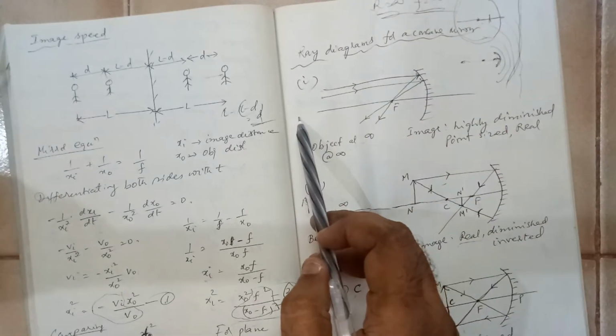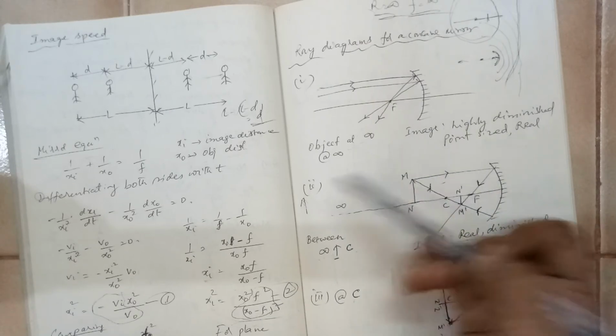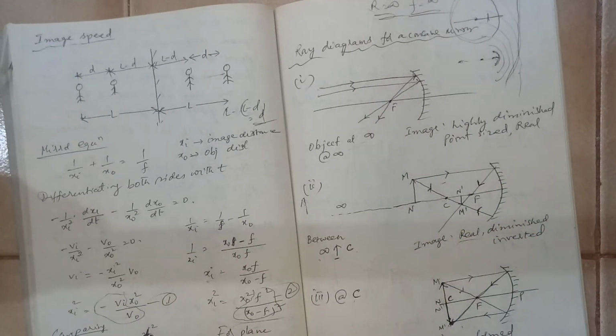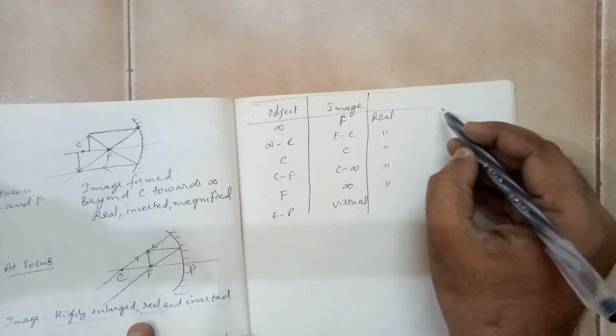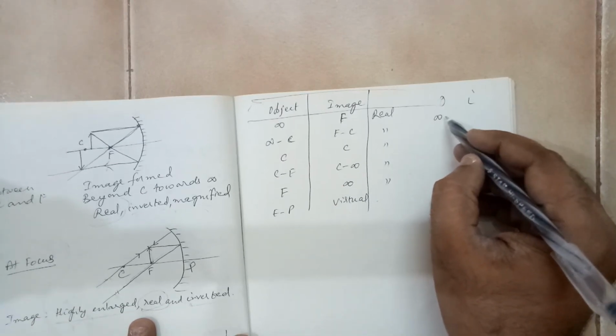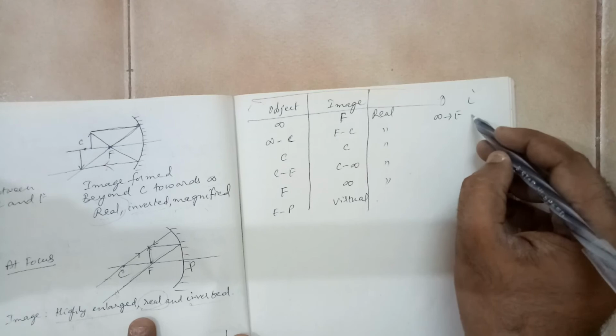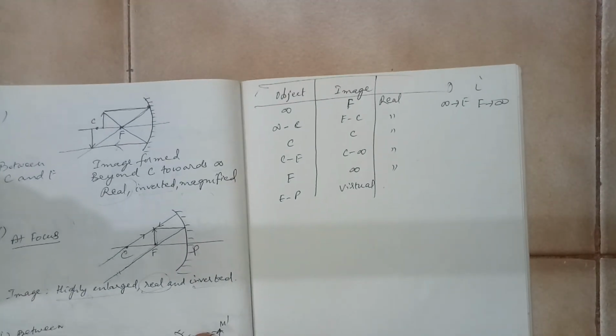So if the object is moving from infinity towards the focus, the image is moving from the focus towards infinity. This is what you have to understand. You have to remember this.